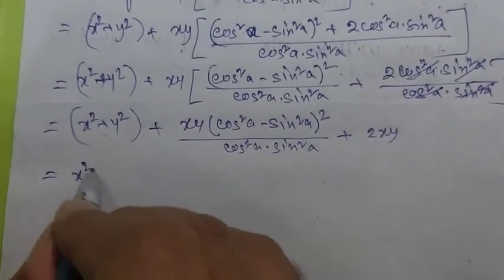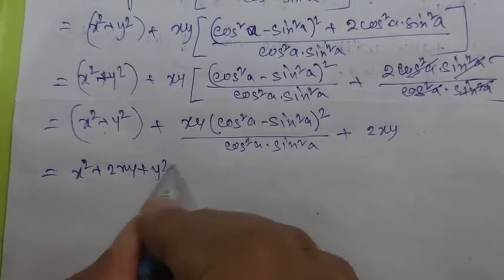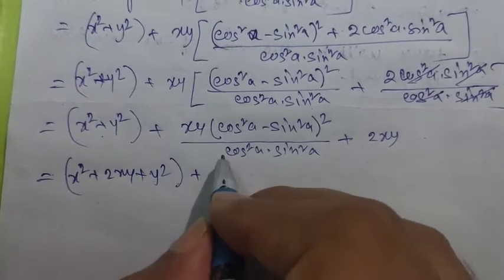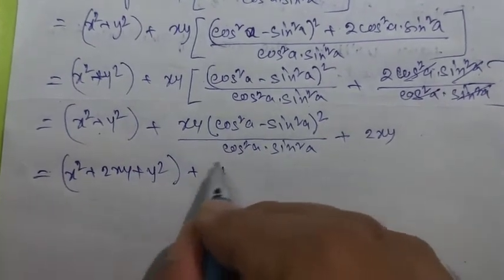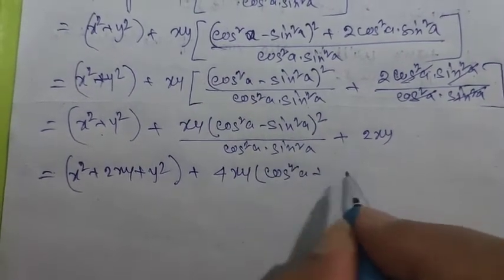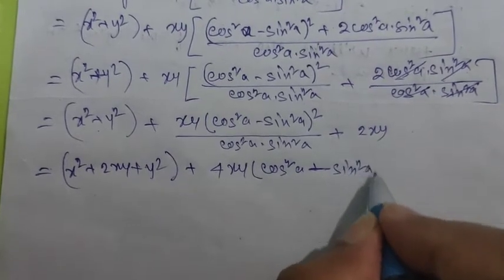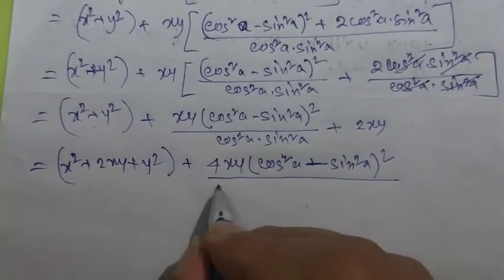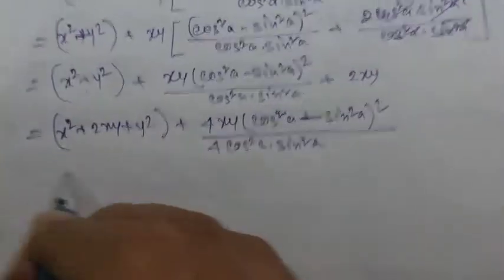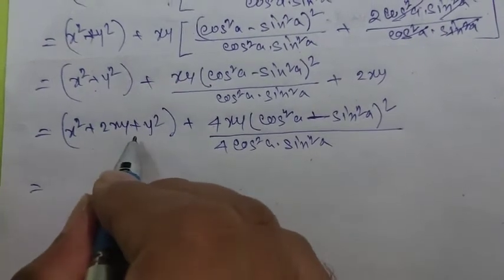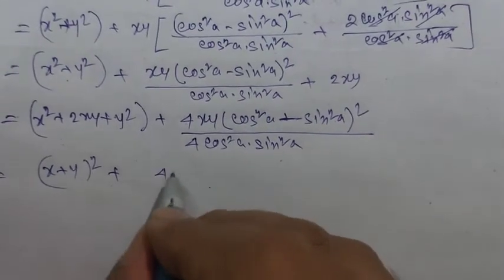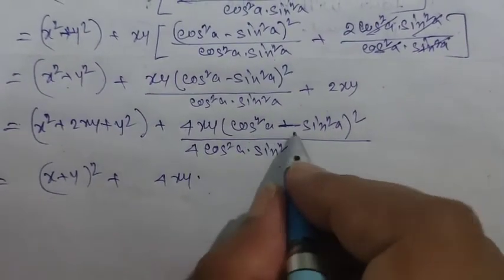So here x² + 2xy + y² we can write, plus here we will multiply numerator and denominator by 4. So multiplying by 4 we will get 4xy (cos² a − sin² a)² by 4 cos² a sin² a. Now x² + 2xy + y² we can write (x + y)², plus 4xy into (cos² a − sin² a)².